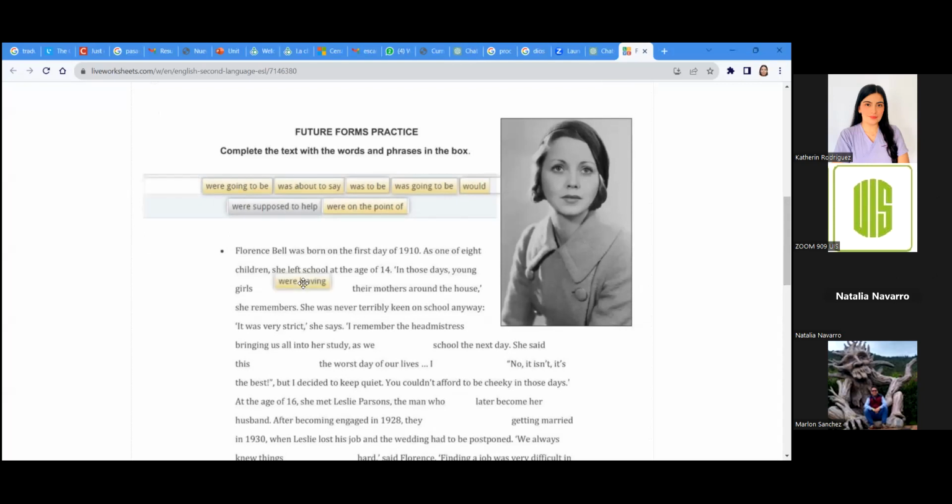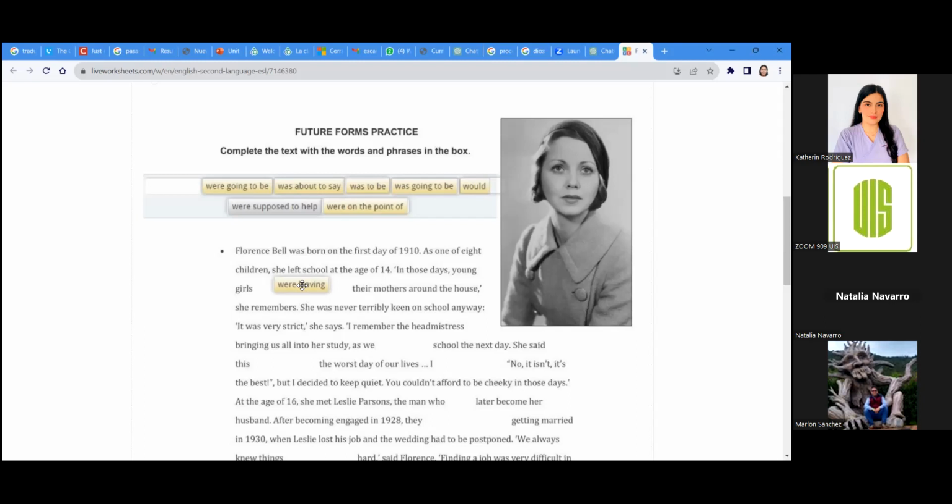We're living? Were living, maybe, their mothers around the house? Or what do you think? I agree with were living. Or going to be? No, no, no. Yes, I think that.